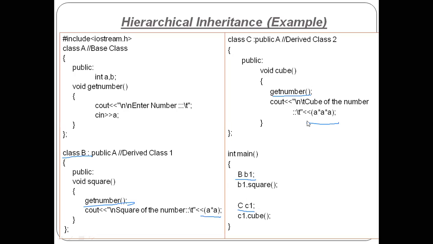By default, they are going to access the same data which is available inside the base class, just like any number entered by the user. So this is related to hierarchical inheritance, meaning only one base class is there and two different derived classes. Two or any n number of classes can be there, and all these classes share all the members as well as functions from the base class to their derived classes.